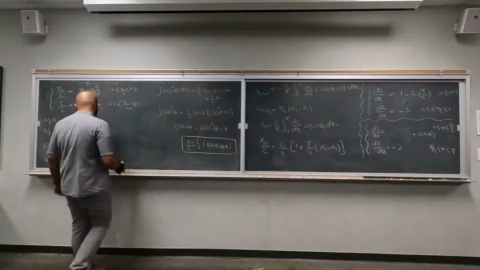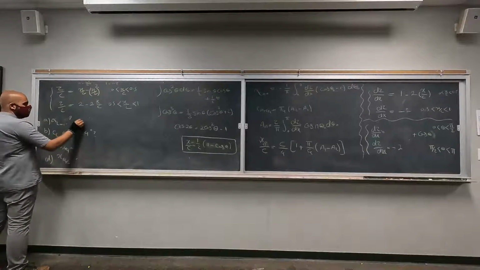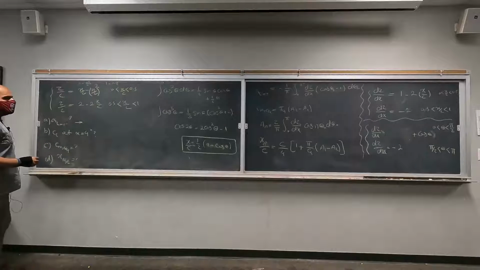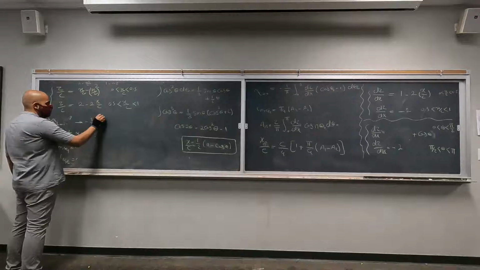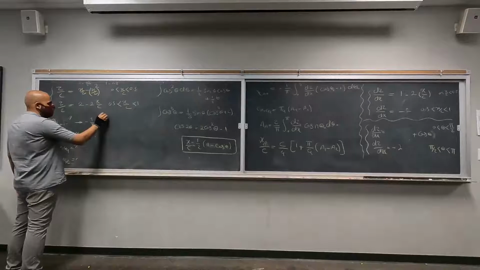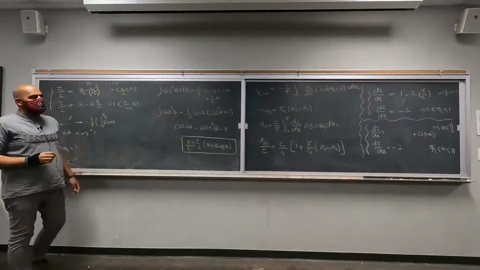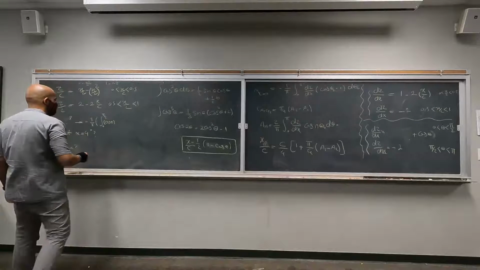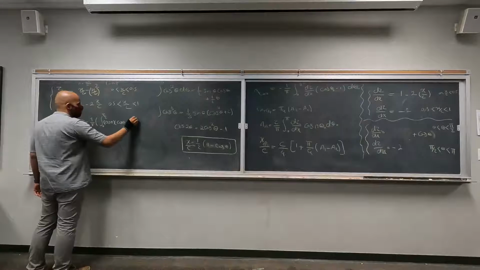Let me write here. So this is equal to negative 1 over pi, integral from 0 to pi over 2 of cosine of theta for dz/dx, multiplied by cosine of theta minus 1, d theta.